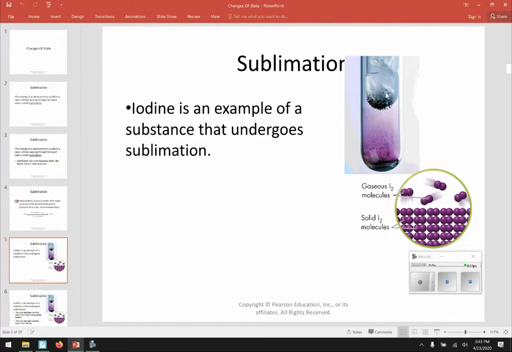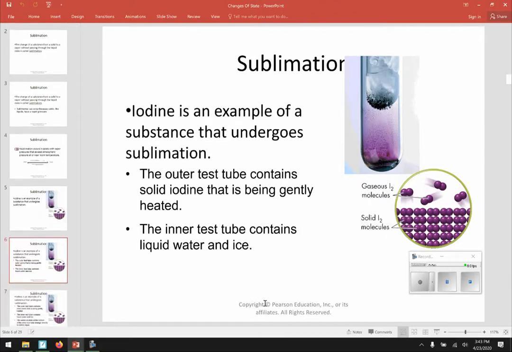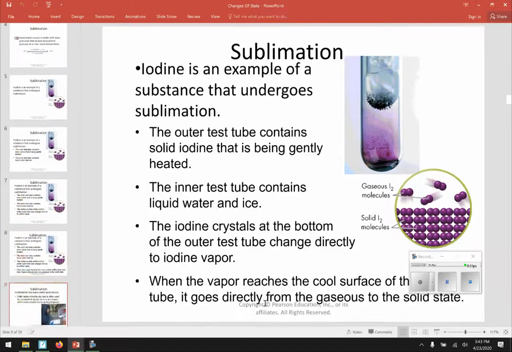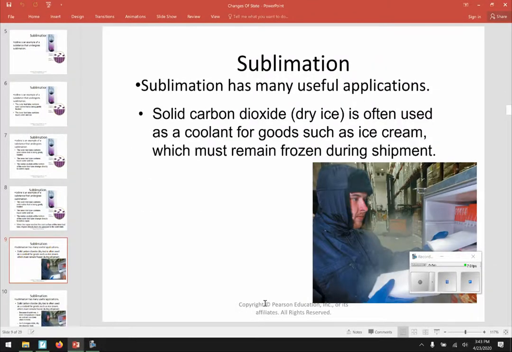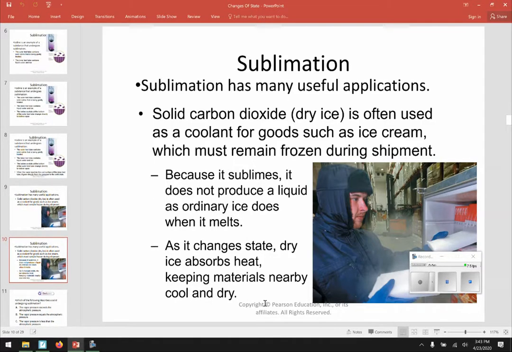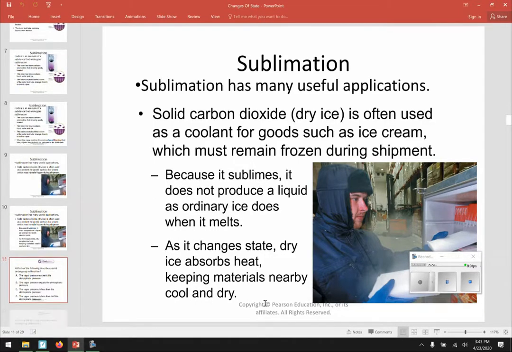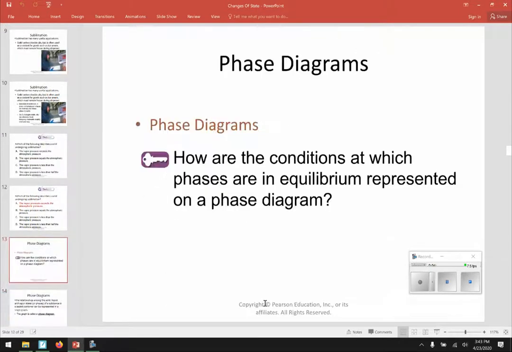And what is up here is actually a smaller test tube that has cold ice water in it inside the bigger test tube. And that cold ice water causes that gas not to condense, but to go straight back into a solid. It deposits there. That's what deposition is. Not something you'll see commonly, but that's what it is. So sublimation and deposition are the 2 solid to gas and gas to solid phase changes.